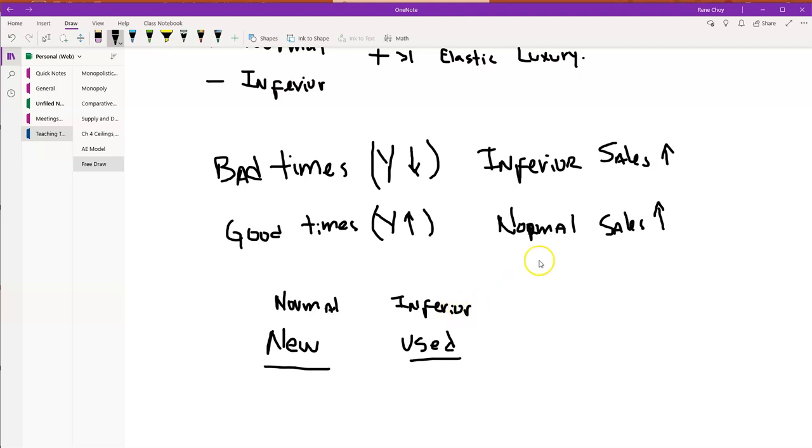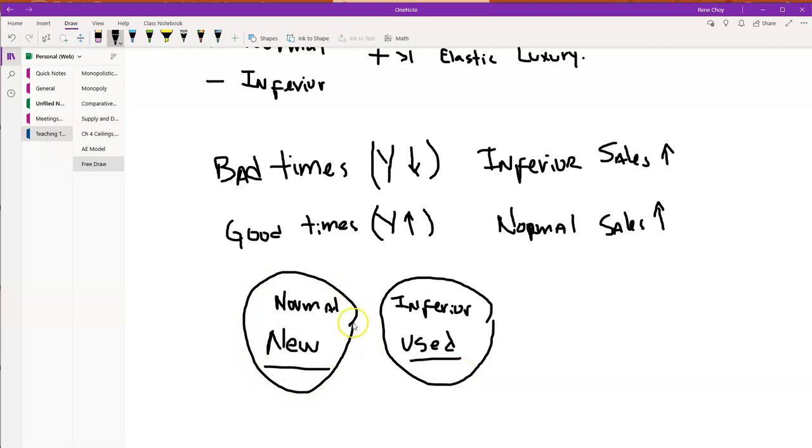Now, one of the things that you're going to expect, again, during bad times is that people buy more inferior products or used cars. During good times, people buy more normal products or new cars.